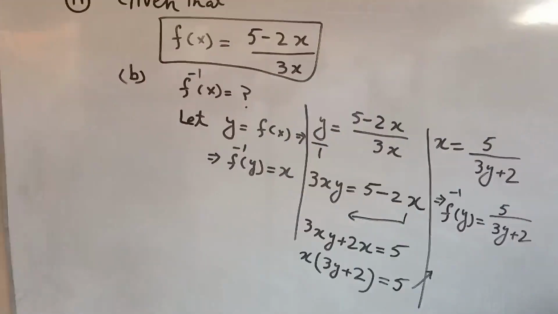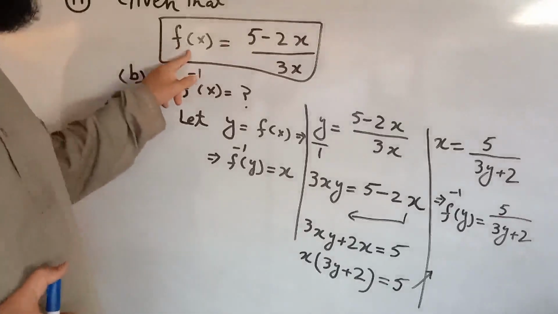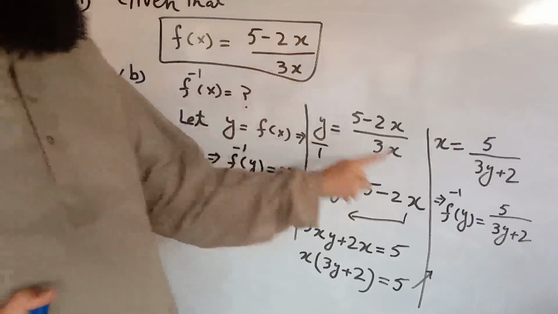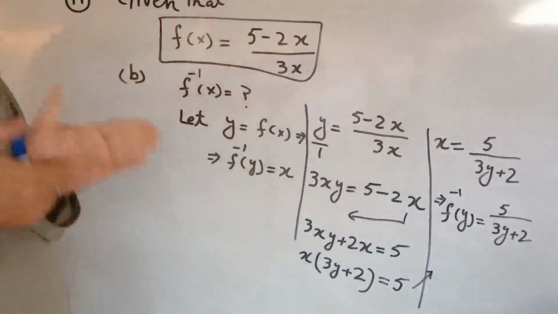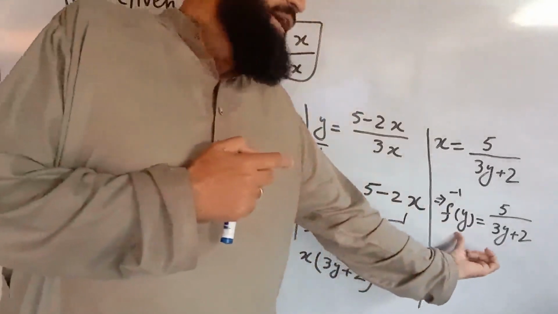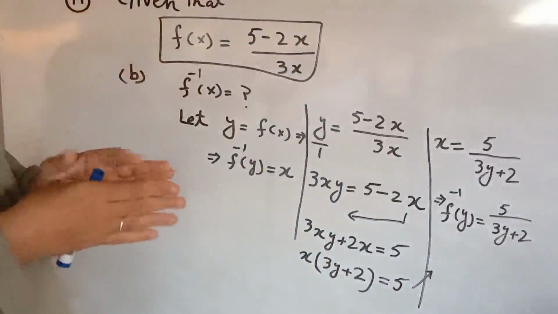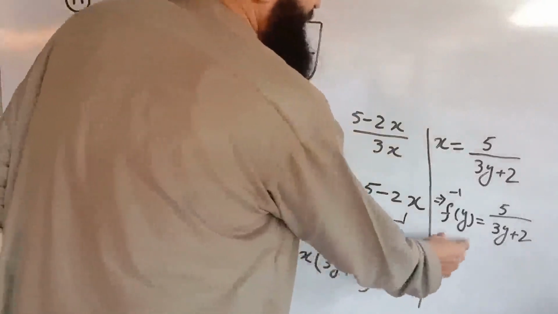What will be f inverse of x? Very easy. Just like in part A, when f of x was given and we wanted f of -2, we replaced x with -2. Now f inverse of y is given. If we want to find f inverse of x, we replace y with x in this expression.